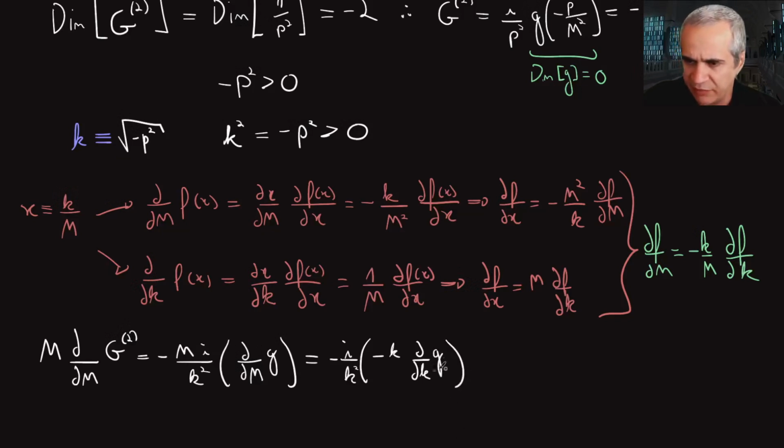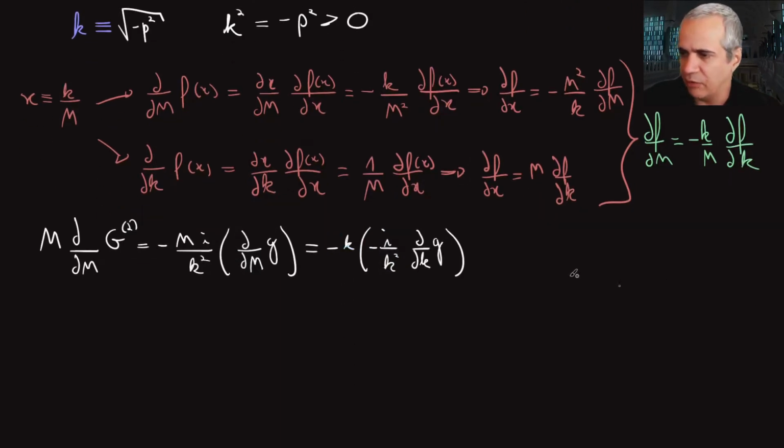Now, this derivative acting on little g is not very useful for us. I want this derivative acting on the whole Green function. In order to put that explicitly in that way, we can do a little trick here. First, I exchange these two parts, because this is very similar to the propagator. I bring this k outside, and I just have to remember that I want this derivative acting on G2, which is something like this.